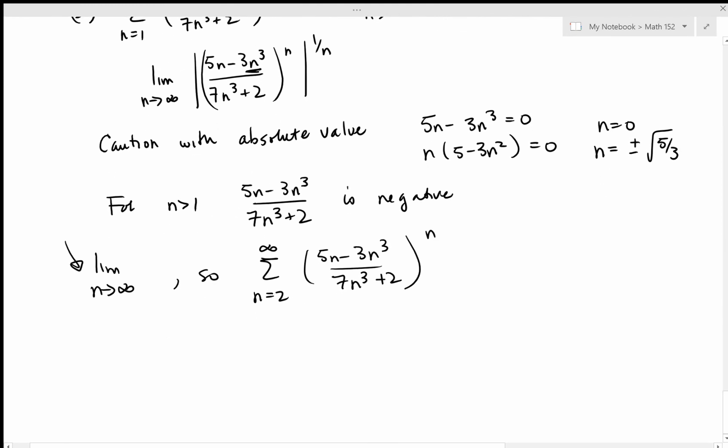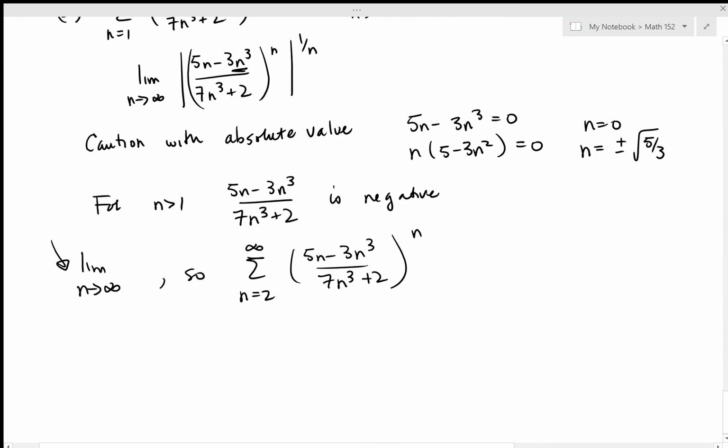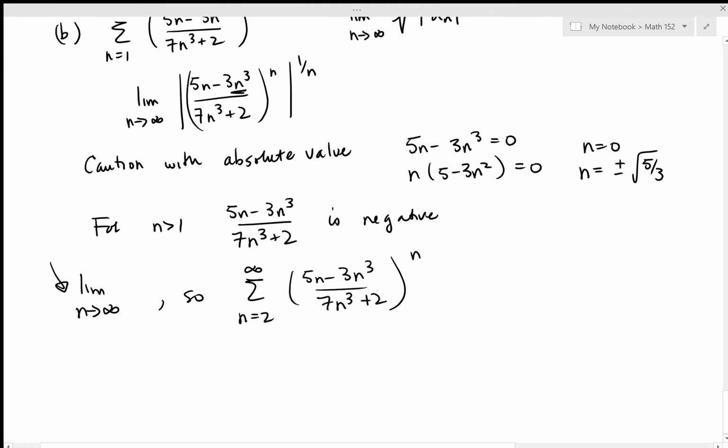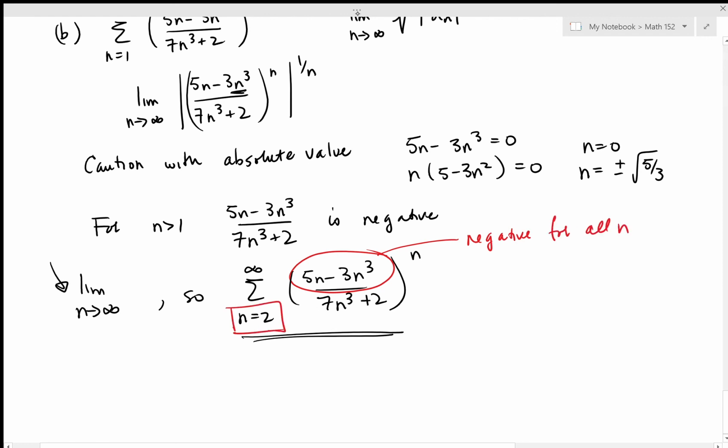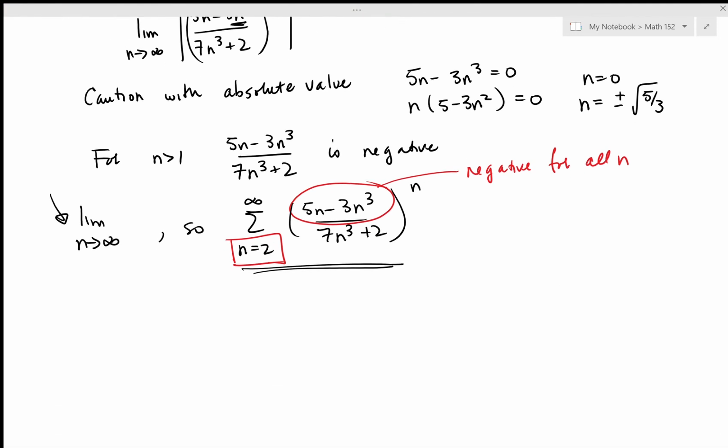Okay, so now I realize that I've got something that is negative when I'm looking at this series. This is negative for all n now, once I've changed this to 2. A little bit of caution here. That's fine. Now I can remove the absolute value signs and turn the thing around.